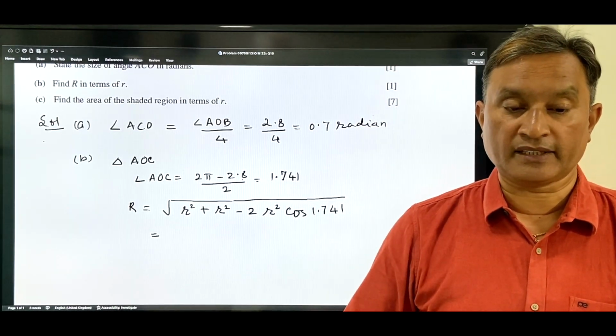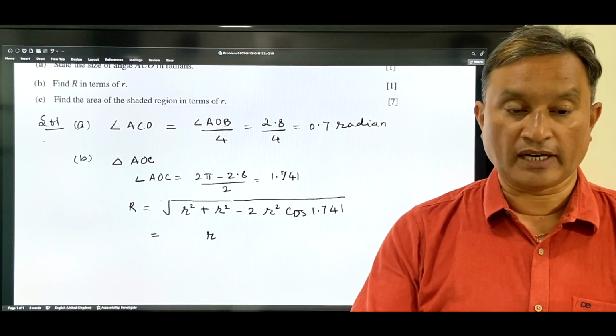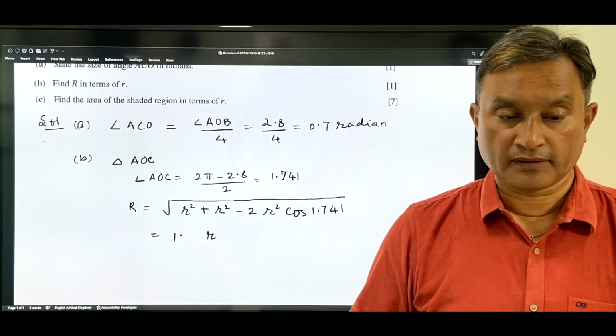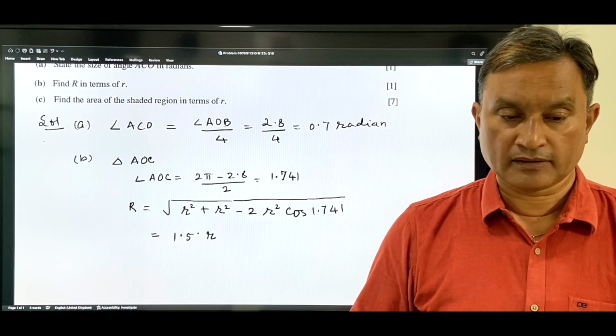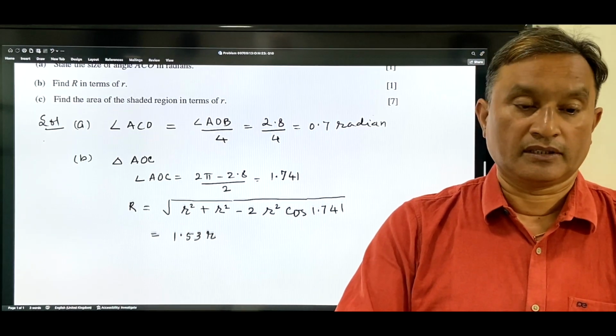So we will be getting the answer in terms of r here, and the value we will be getting here is 1.53 r. So this is the solution of the second part.